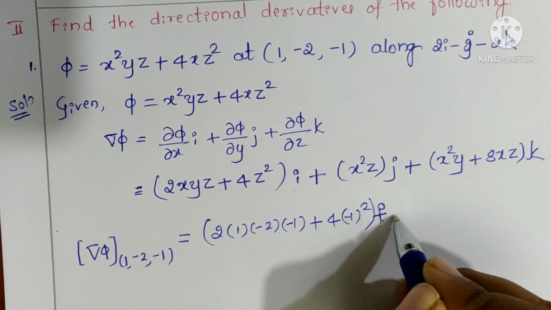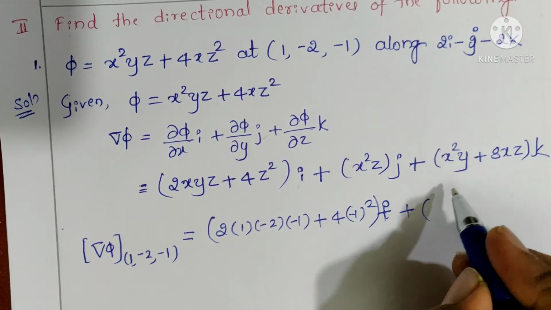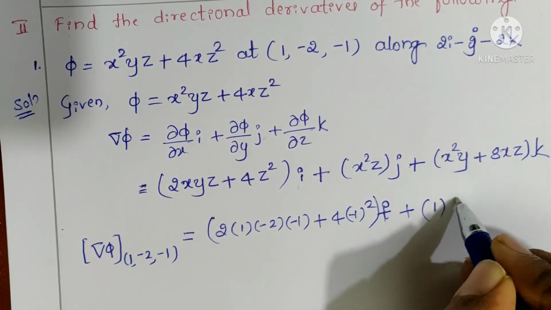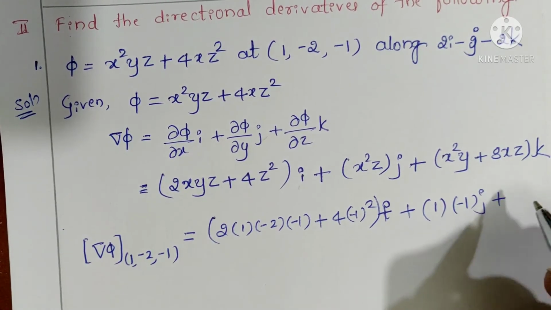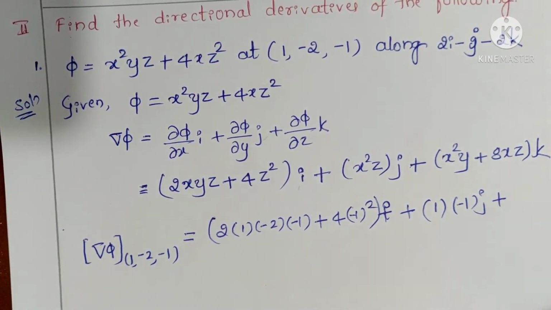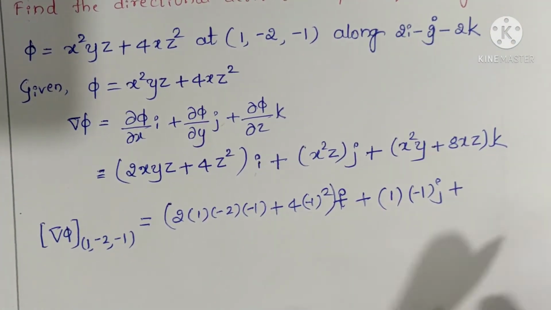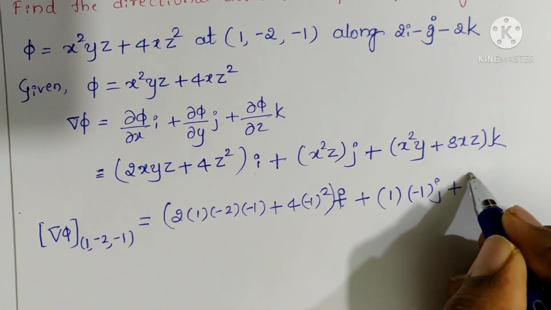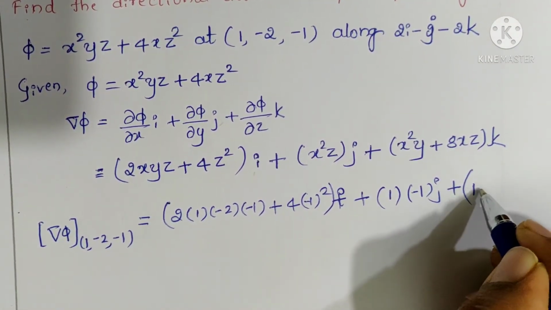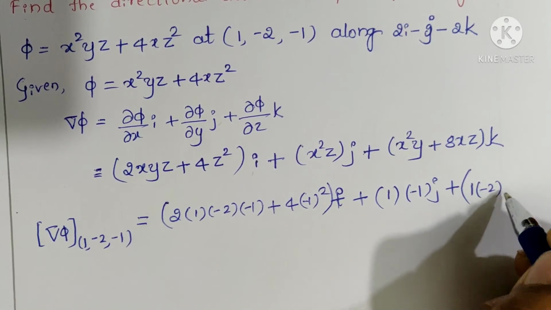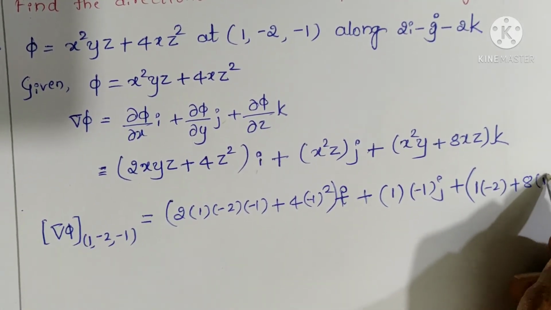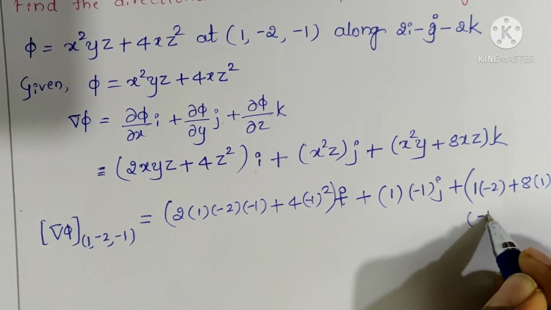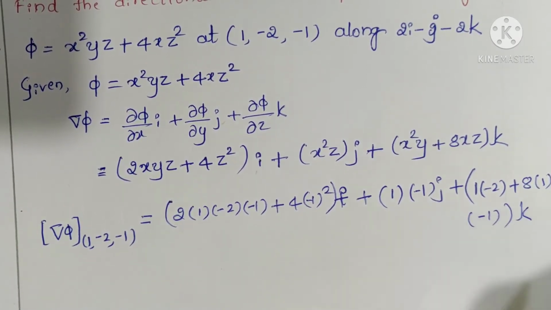So this is into i plus x square is 1, z is minus 1 into j plus here x square is 1 into y minus 2 plus 8, x is 1 into z is minus 1 into k.